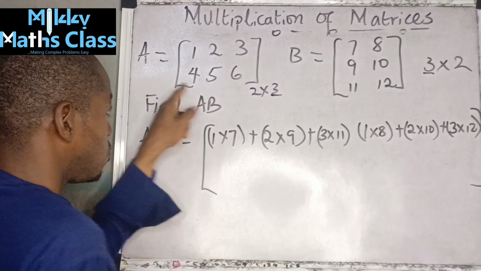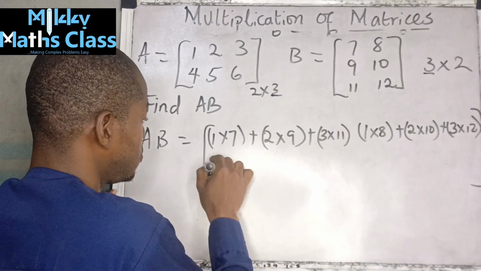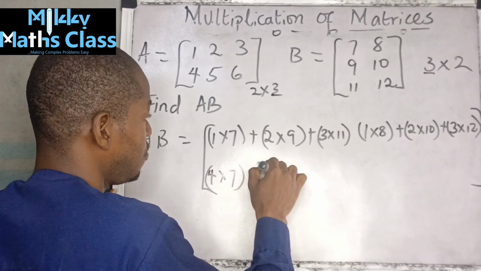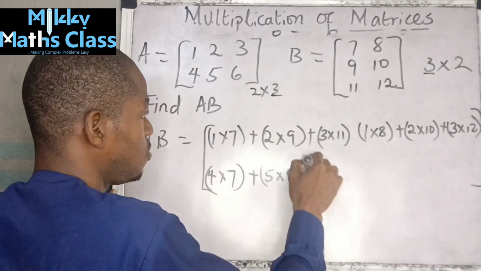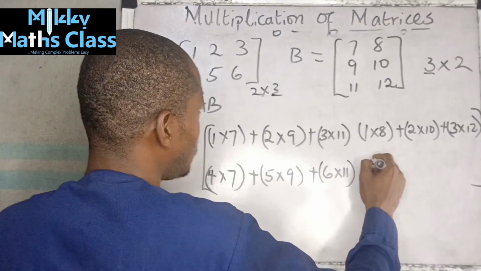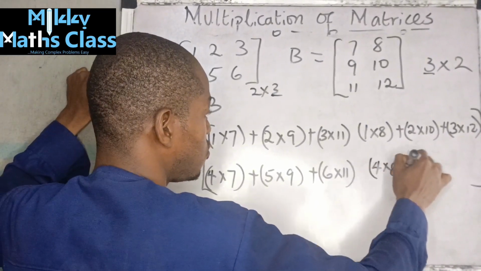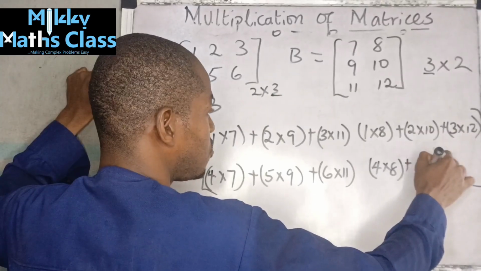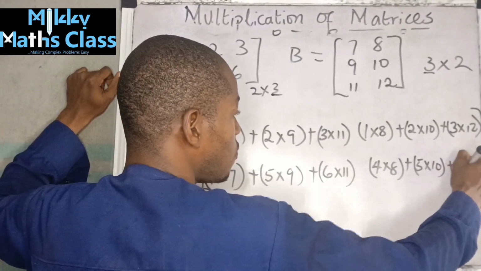Then we'll go to this last row, 4, 5, 6 times this. So 4 times 7 plus 5 times 9 plus 6 times 11. Then the other part, you have 4 times 8 plus 5 times 10 plus 6 times 12.